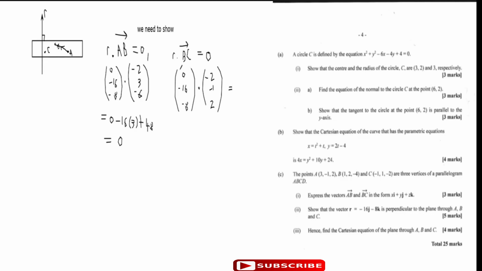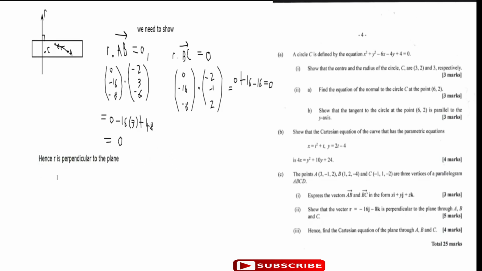That's equal to 0 times -2 is 0. -16 times -1 is plus 16. Then -8 times 2 is -16. And all of this works out to be 0. All right, so hence we can conclude that R is perpendicular to the plane.